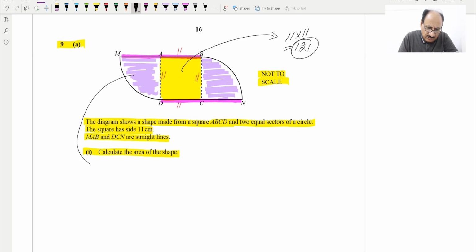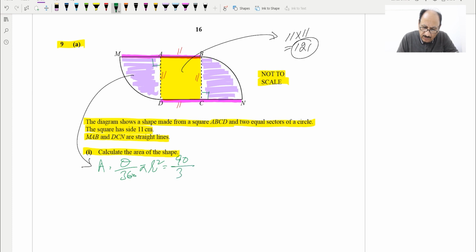For the area of the sector, we can apply the formula: area of the sector is equal to theta over 360 into pi r squared. Theta is 90 degrees, this one is 90 degrees, this is also 90 degrees. We'll find one sector and then we will double that area.